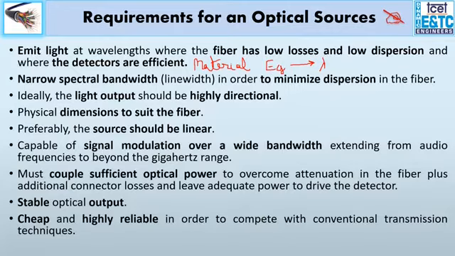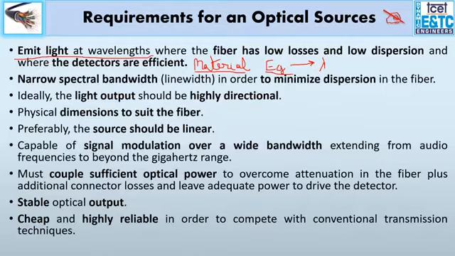So basically, how do we decide what wavelength will be emitted? It is dependent on the material, and when I'm talking about design requirements, you have the freedom to design what kind of material composition will be used, which will give you the required wavelength.